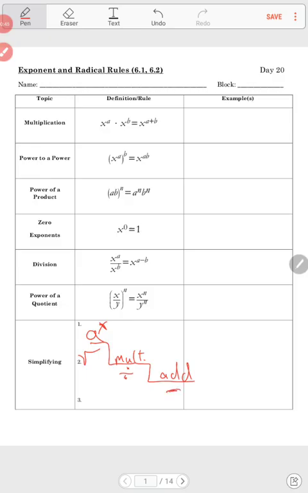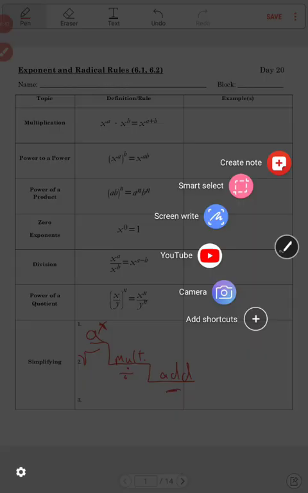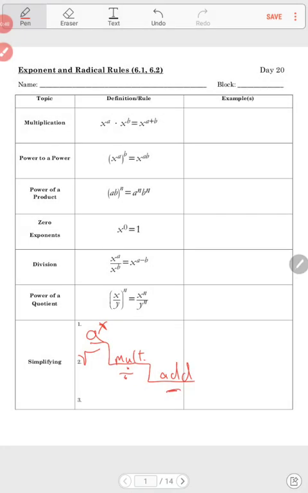And remember that whenever we are looking at what is going on with our bases, right here, with this a to the x, we step down, and that's what we do with our bases.